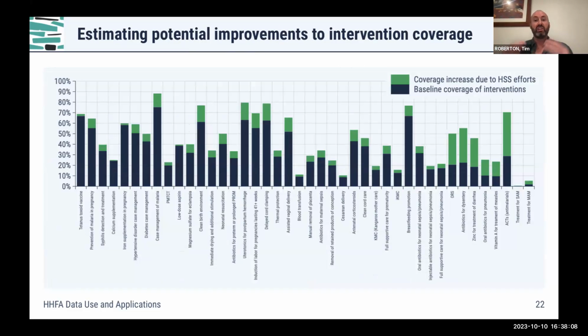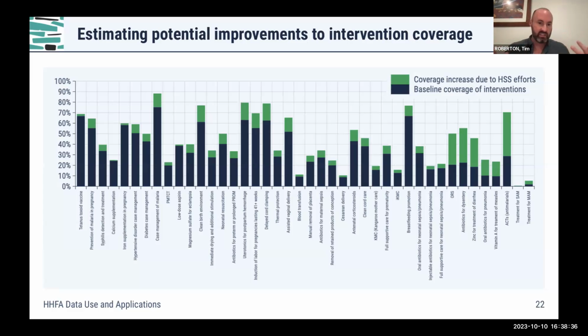But then, knowing what we know about the coverage cascades, we can start to model the potential improvements if we were to invest in different health system strengthening efforts and increase the availability of supplies and medicines at health facilities, or increase the availability of health workers or the proportion who are trained, and those sorts of things.